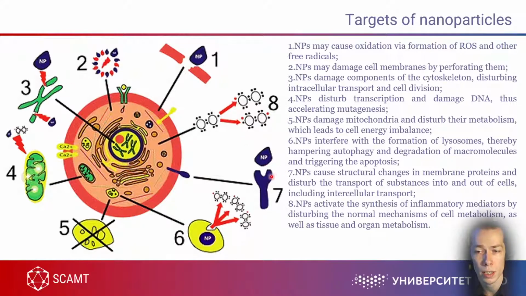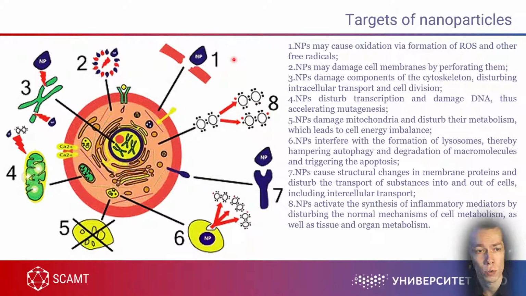Some nanoparticles can bind to receptors on the surface of the cells. In most cases, it's very hard to predict what will happen to your nanoparticles when they enter your cells, and even harder to predict what can happen if they enter a whole organism.